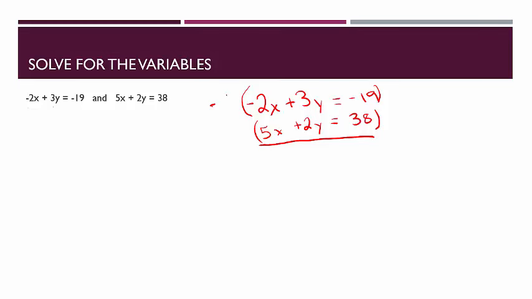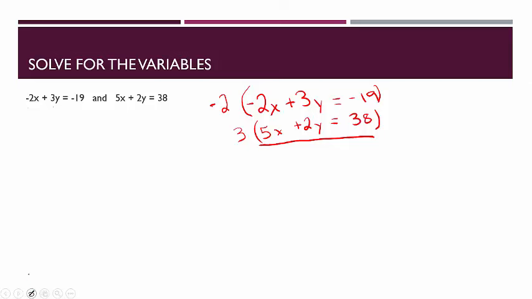So I can multiply this equation by -2 because I need the negative again, so this becomes a negative. And I'll multiply this equation by 3. Since I'm multiplying each number times the other number, they're going to end up canceling out.